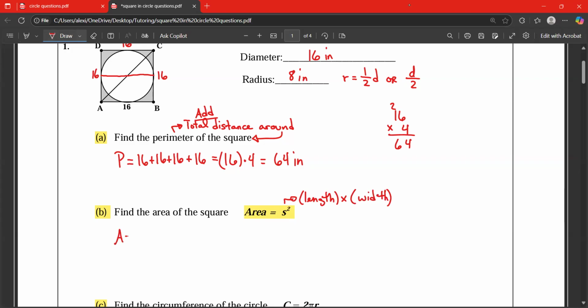So this means capital A is equal to 16 times 16, or shorthand, 16 squared. So off to the side, once again, we can do 16 times 16, and we get 256.